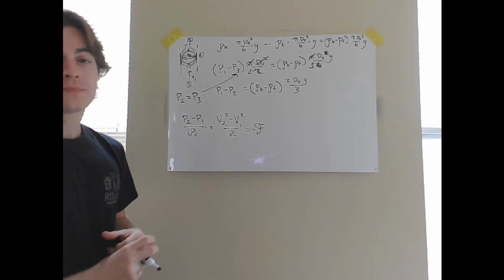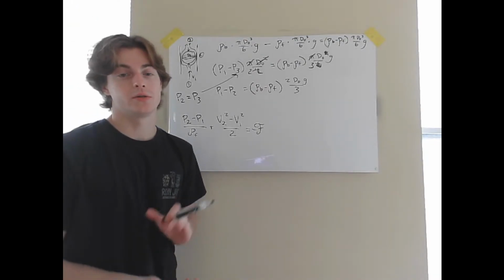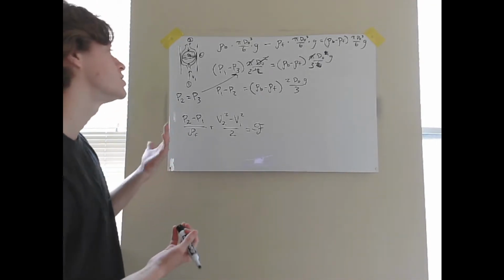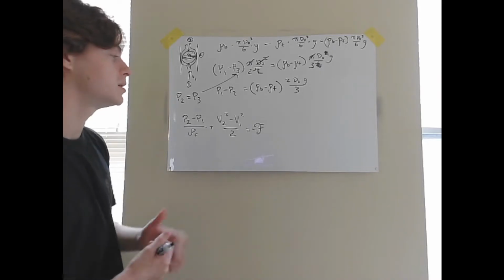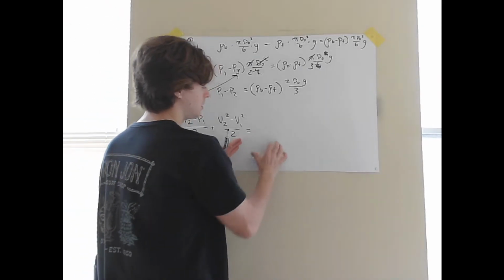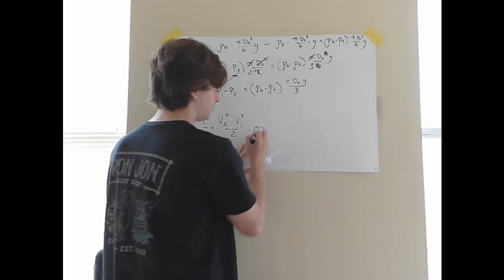But for this problem, we're going to assume that there's negligible frictional heating and that the change in potential energy as the fluid moves up the pipe is also negligible. So that way we can set this equal to 0 and make things a little bit more simple.